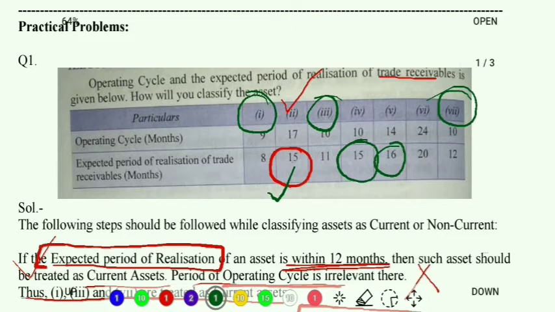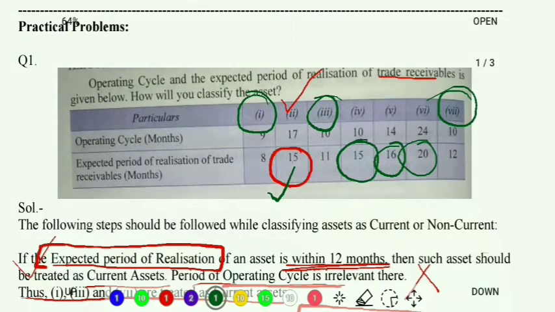The last asset left for us is asset number 6. Asset number 6 has expected period of realization as 20 months and the operating cycle is 24 months. We can conclude that as the expected period of realization is less than the operating cycle, asset number 6 is classified as current asset.